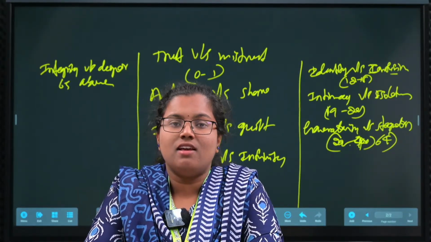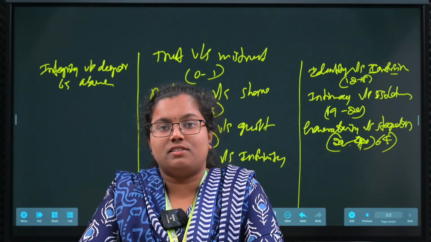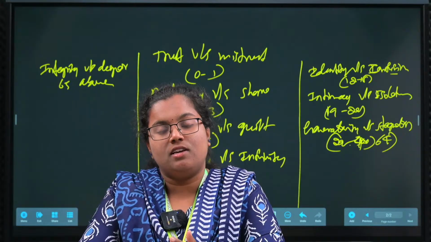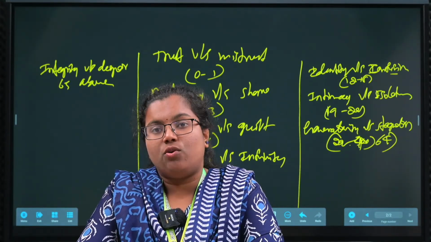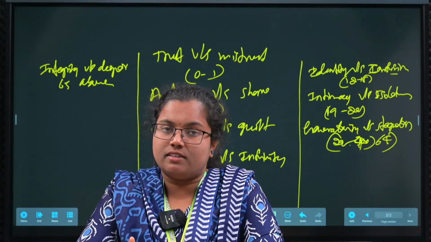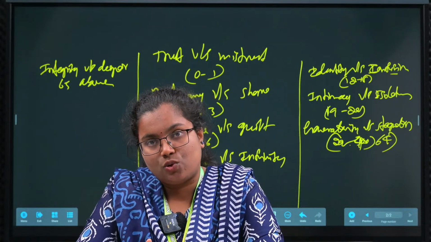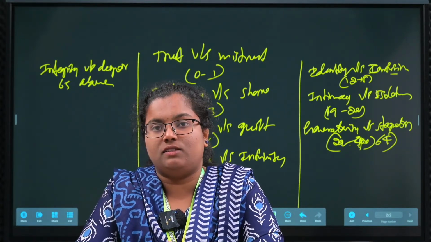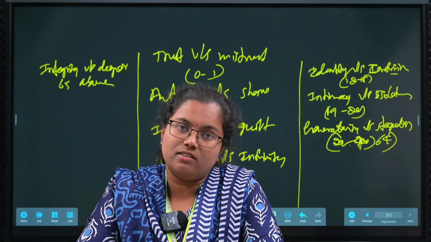Integrity versus despair is a decline phase, a near-to-death phase. We can observe physical changes, and it's a retirement state, a retirement process. They will take a break from their work or job, and it's a decline phase. This is about integrity versus despair, 65 years and above.